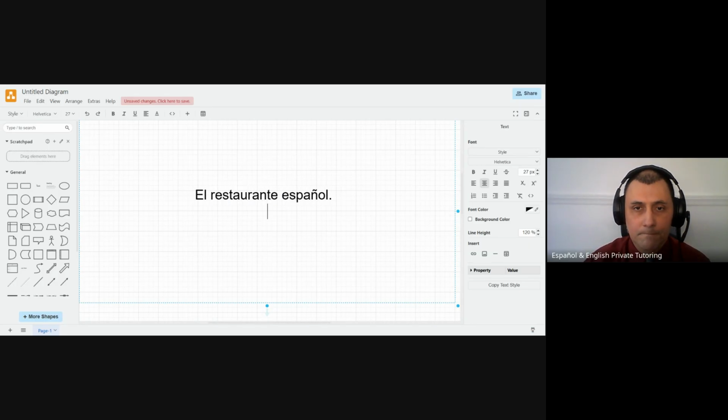Restaurante español, so this is like saying the Spanish restaurant. So español, Spanish, which is an adjective for nationality. These adjectives for nationality go after the noun they are describing and agree in gender and number with the noun they describe.